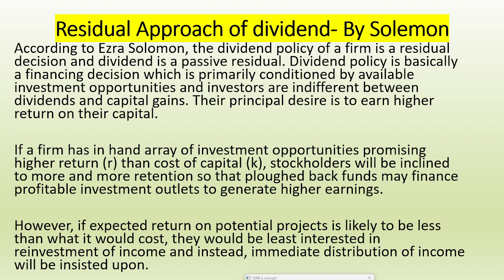Here, what it wants to say is that first of all the company will check, in the residual dividend approach of Ezra Solomon, whether investment opportunities for its future growth are available or not. After investing, it may invest the whole money, or if any amount remains after investing, from that amount they will give the dividend.